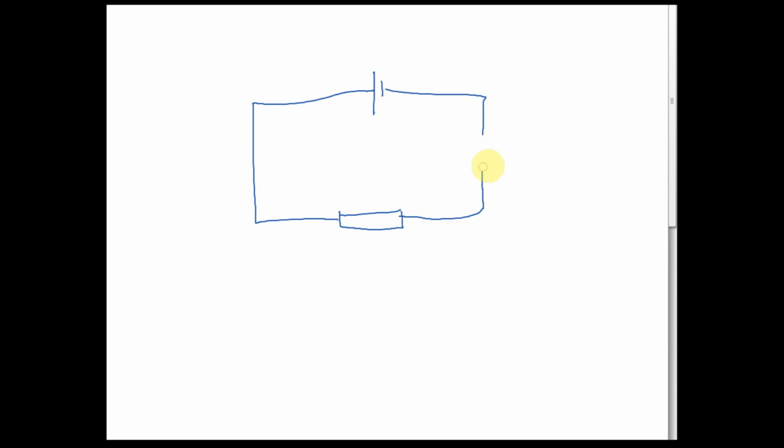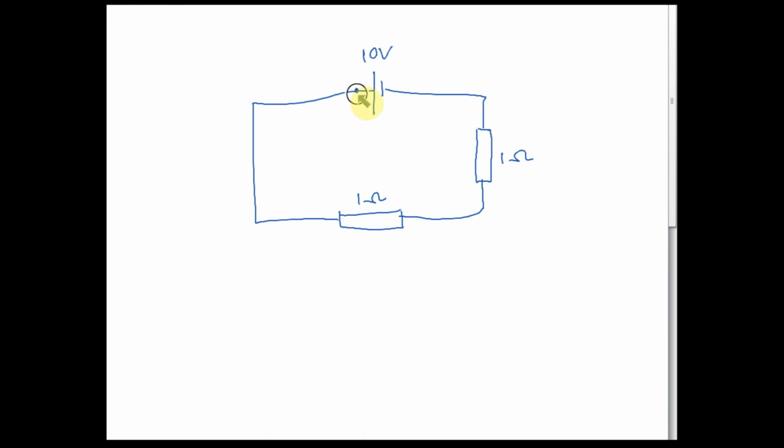Anyway, let me make it a little bit complicated. Let's put a resistor here. Now this one, both of them have the same resistance. And then let's say the EMF is 10 volt and there's no internal resistance. Now tell me, what's the potential here?